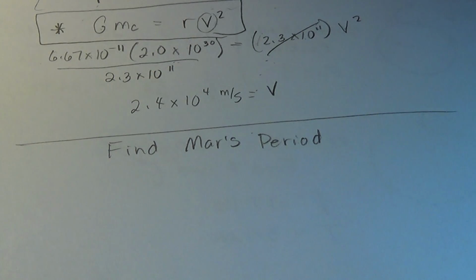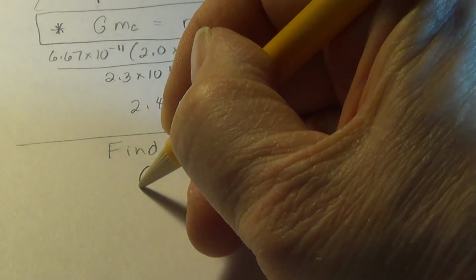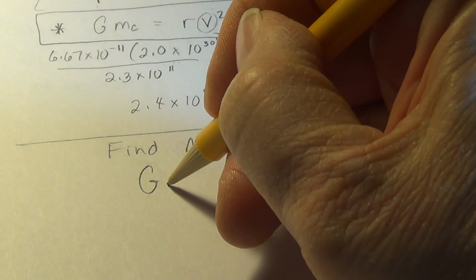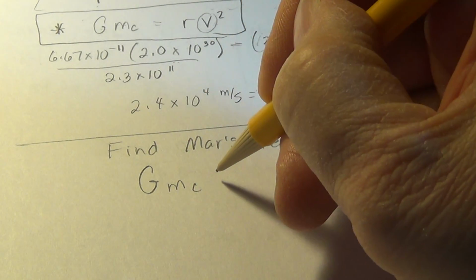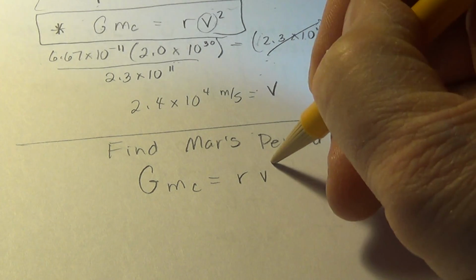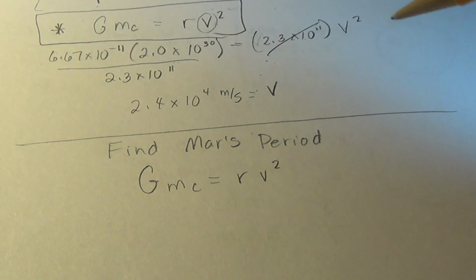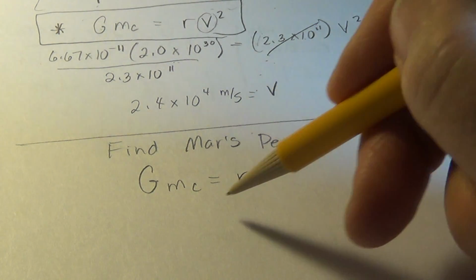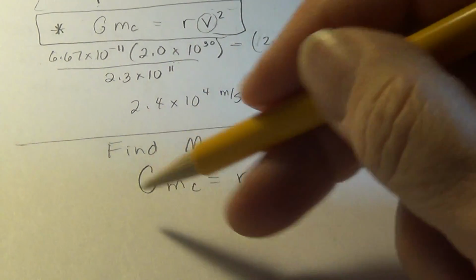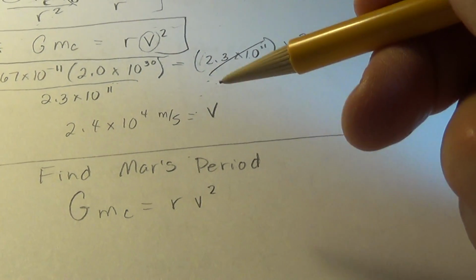So once again, we're going to start from that same starting point with that simplified version. G, mass of the thing in the center, equals r v squared. And this time I'm looking for T. Well, I don't see time. I don't see period, like a time of any kind there.